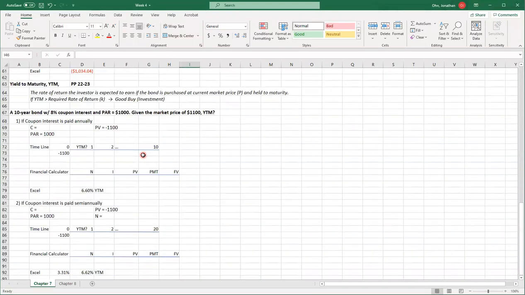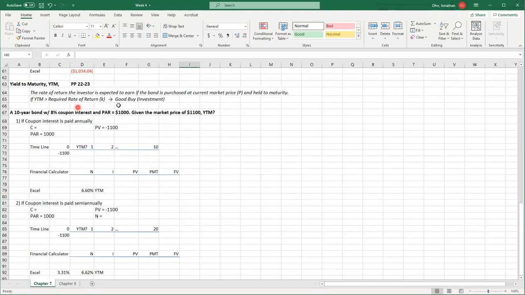All right, now here we can do a similar discussion about yield to maturity. If yield to maturity is greater than the investors' required rate of return, then that's a good investment. We'll talk about that.